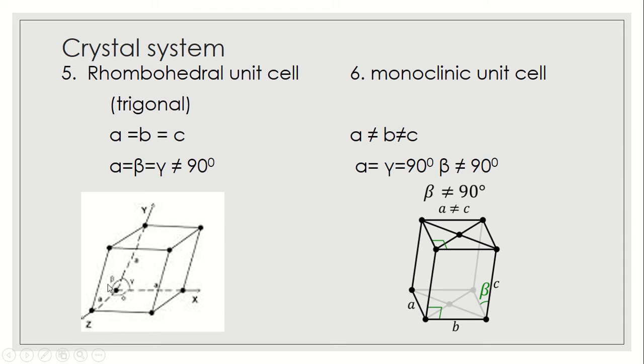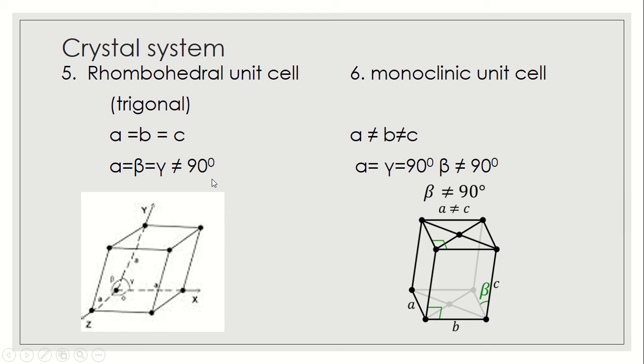Alpha is equal to beta, beta is equal to gamma, but it is slightly tilted. So the lengths A, B, C are equal, the angles are also equal, but the only difference is they are not equal to 90 degrees.